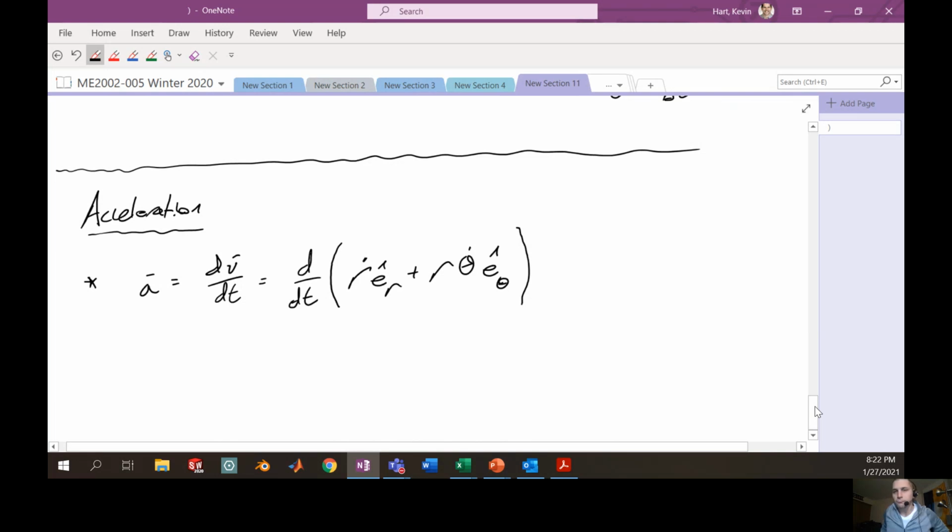I'm now ready for my time derivative, and I can expand this a little bit and distribute my derivative appropriately. So this is the time derivative of r dot e hat r with respect to time plus the derivative with respect to time of this whole expression here.